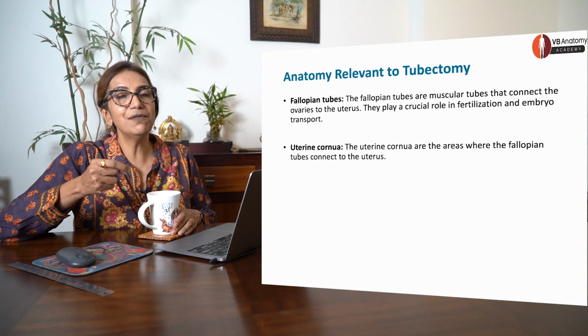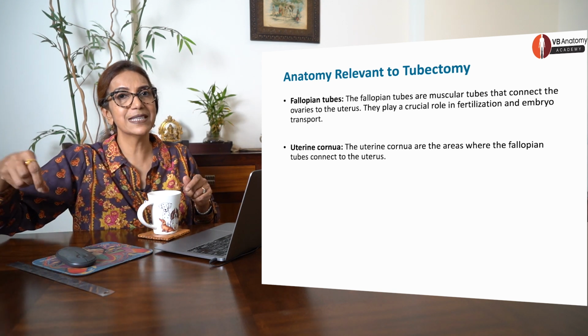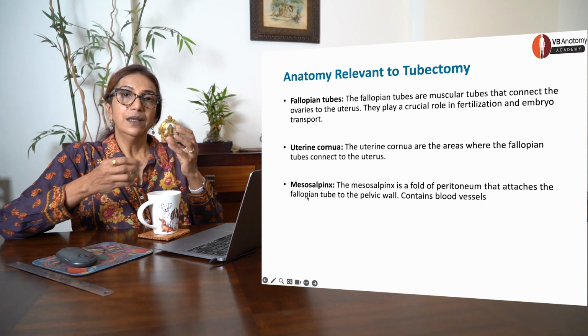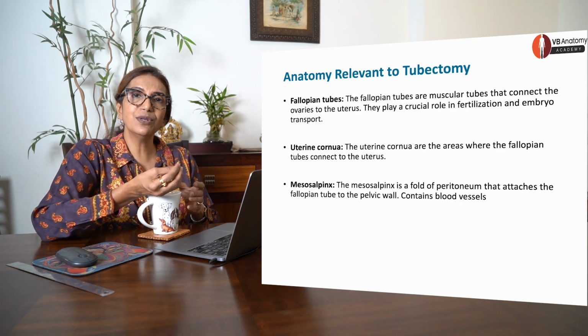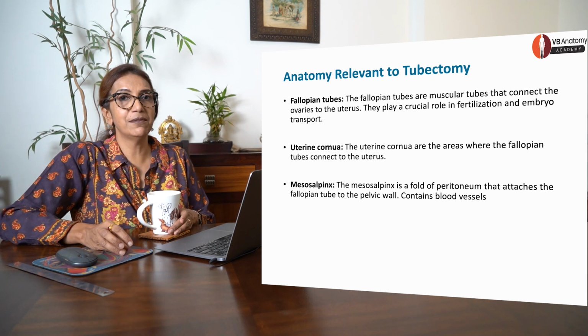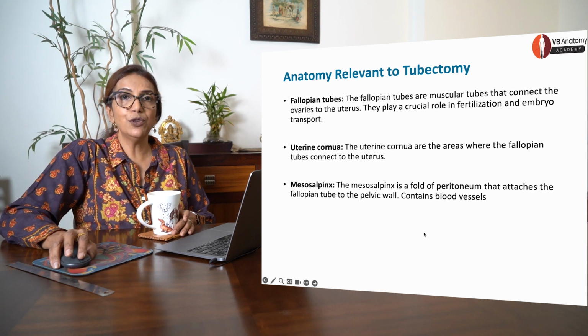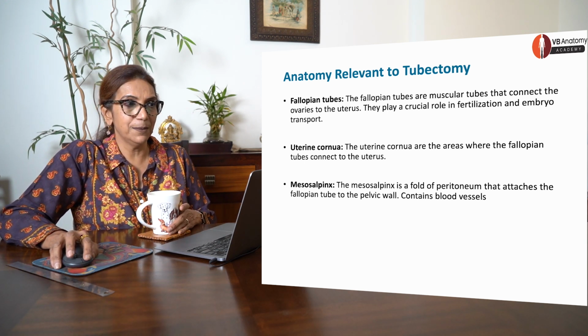So finding the fallopian tube becomes very easy if you find the uterus and just trace it laterally. The uterine tubes are enfolded by the mesosalpinx, which contains a lot of blood vessels. So these are the three anatomical points you must remember when you are attempting or trying to discuss tubectomy.